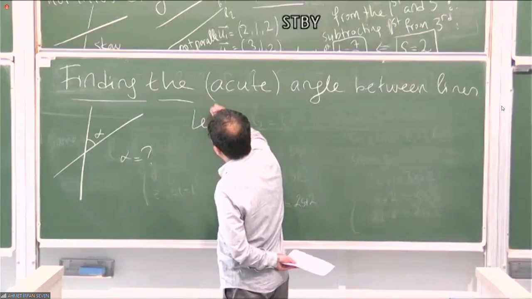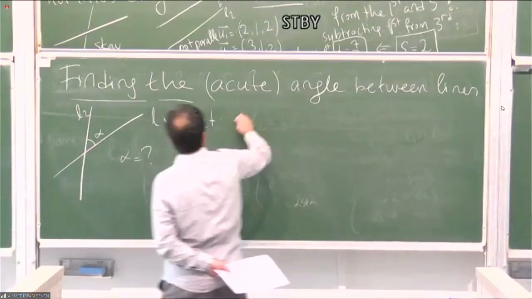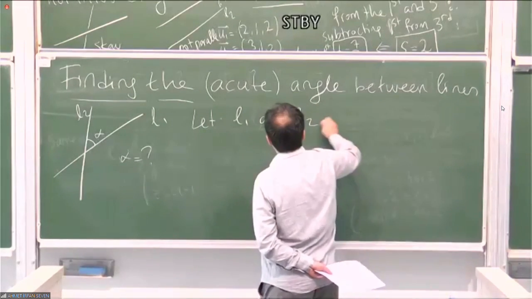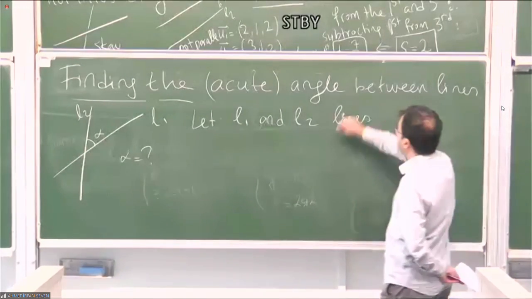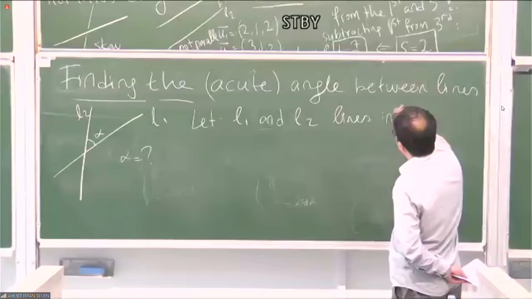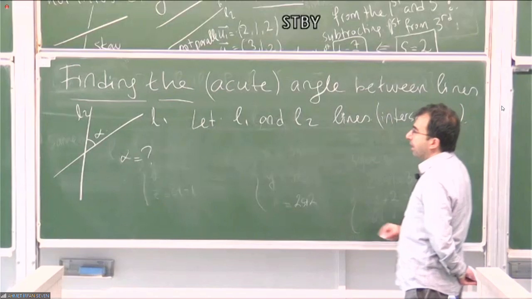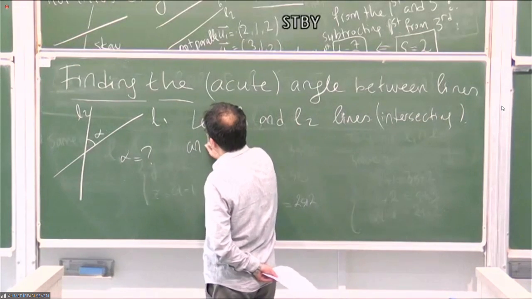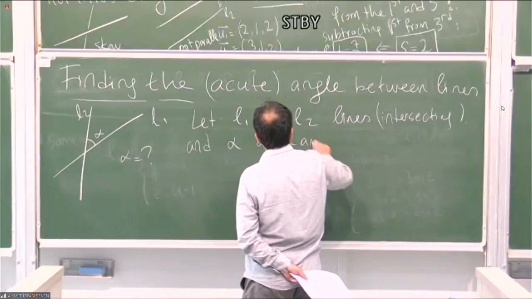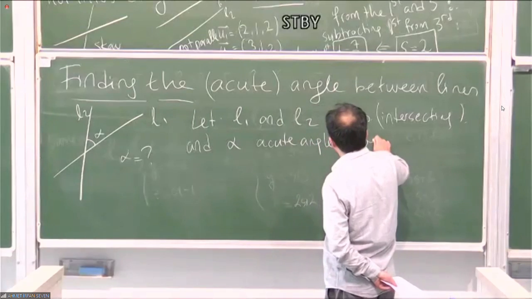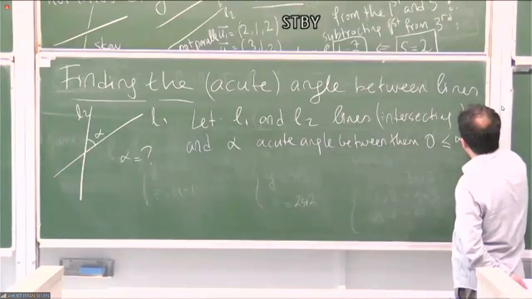So let's say that we have two lines, L1 and L2, intersecting, and alpha be the acute angle between them, meaning that alpha is between 0 and pi/2.